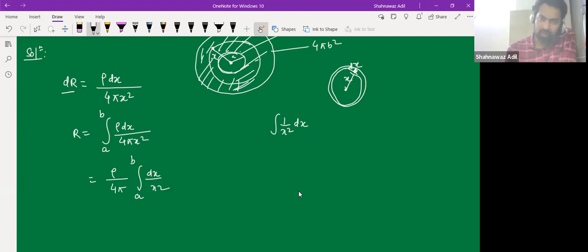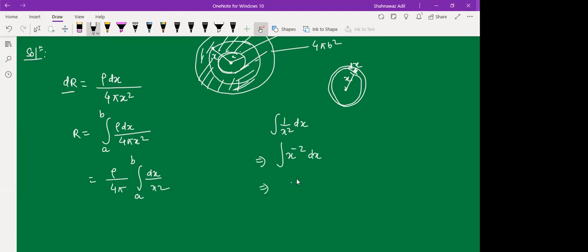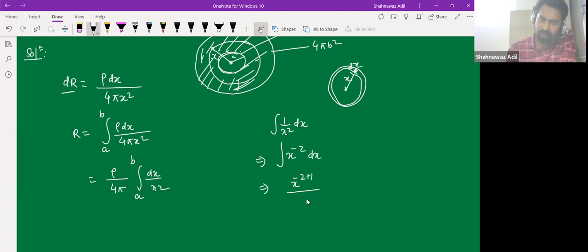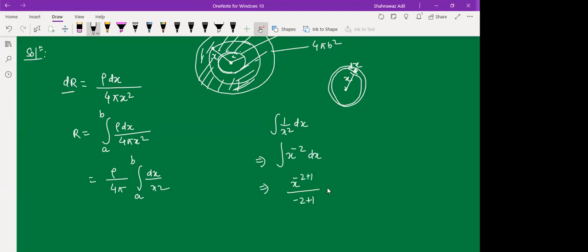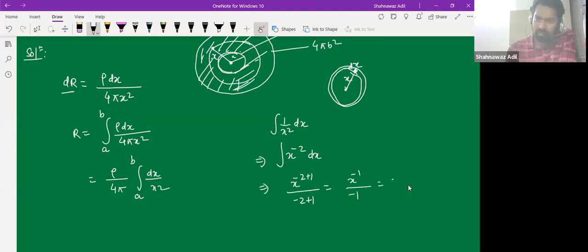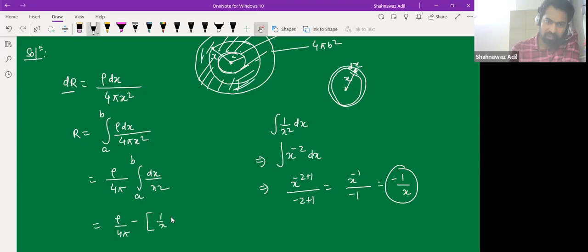Minus 1 by x. Yes, Tarif. So this is x to the power minus 2, and the integration would be x to the power minus 2 plus 1 divided by minus 2 plus 1, which is minus 1 by x. Good, everyone. So this is minus of 1 by x, and the limit is from a to b.